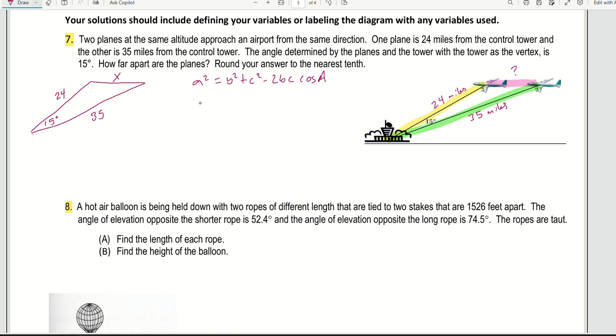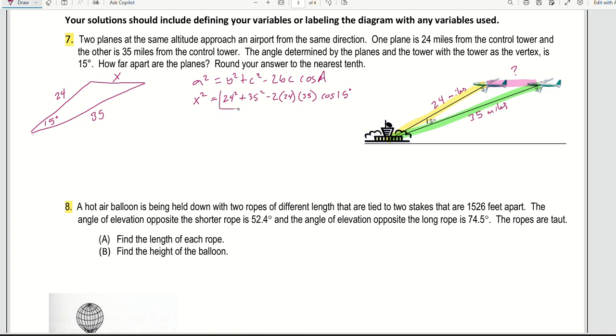I'm going to work with this and just fill in the blanks. So x squared is equal to 24 squared plus 35 squared minus 2 times 24 times 35 times cosine of 15 degrees.